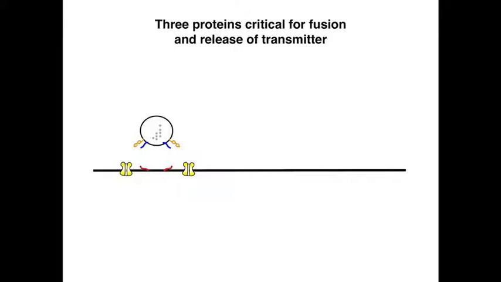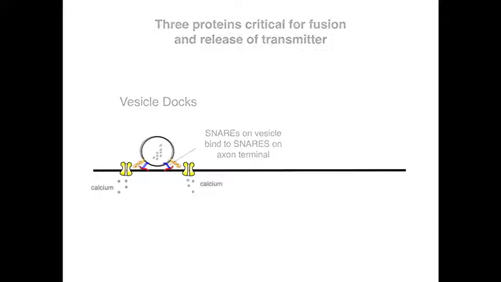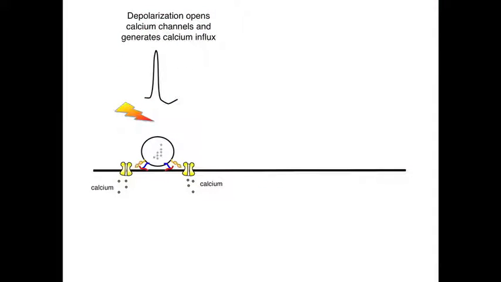The first step in this process is that the vesicle has to dock at the active zone. And what I mean by dock is that the snares on the vesicle bind to the snares on the axon terminal and literally hold it in place. The next event occurs when the action potential sweeps through the axon into the axon terminal and depolarizes the axon terminal.